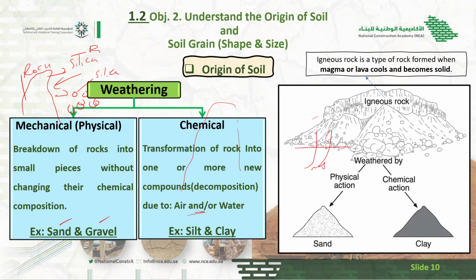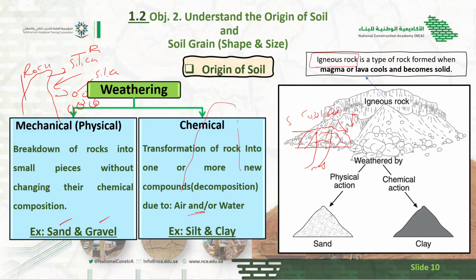When it comes to the ground, it is called lava. After some time, this lava cools down, its temperature decreases, and it is converted from liquid to solid. So now this rock is called what? Igneous rock. Now weathering occurs due to physical or chemical.